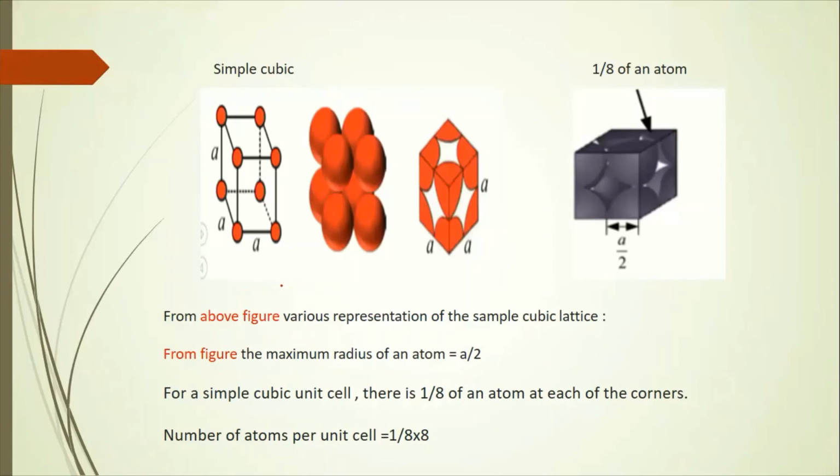Now the simplest 3D example is the simple cubic lattice. I think atoms are at the vertices of the cubes.